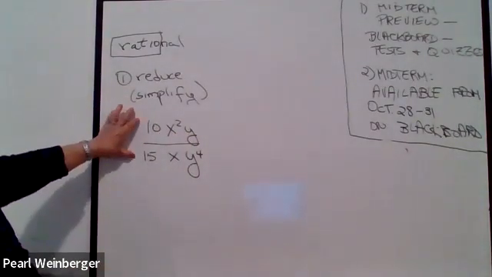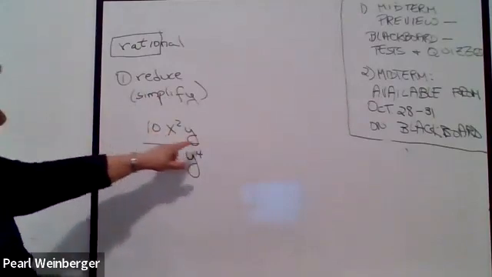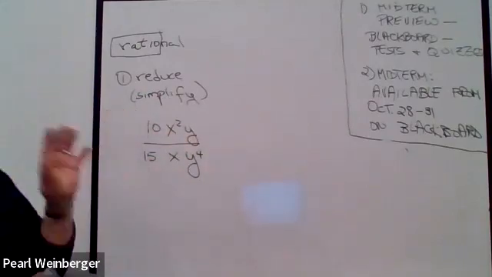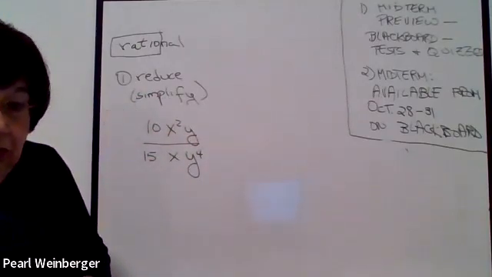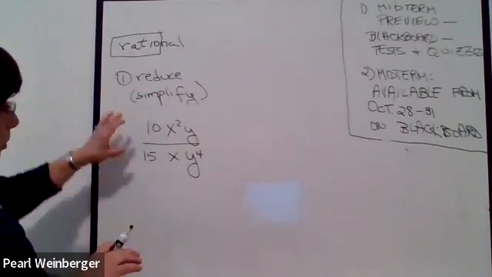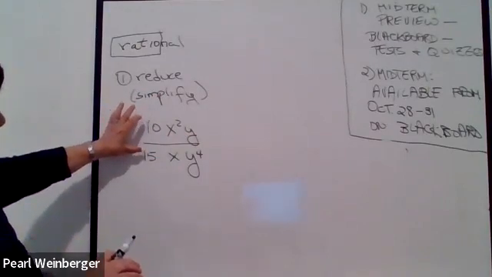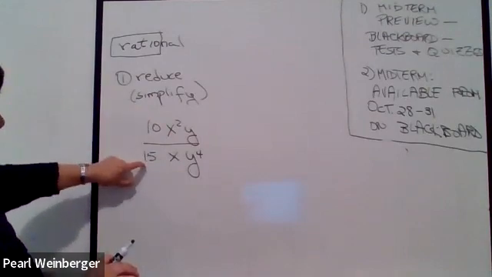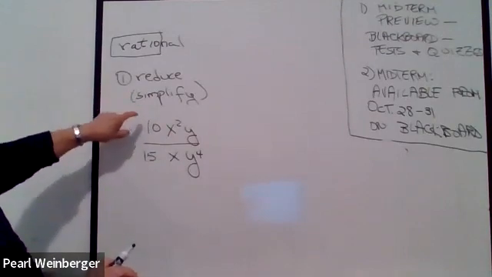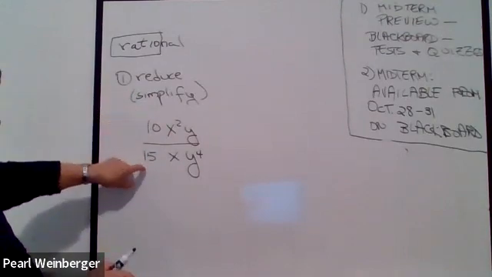Notice both the numerator and the denominator are what we call monomials. This is a single term, and this is a single term. When we're dealing with monomials, we do things piece by piece. We look at the coefficients, the numbers. Can I reduce the 10 and the 15?